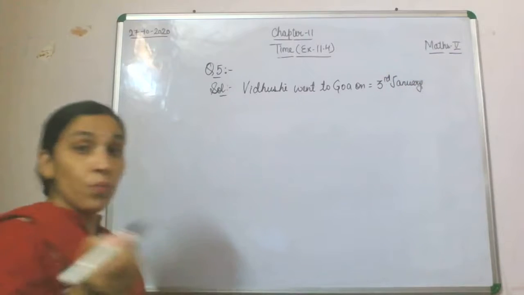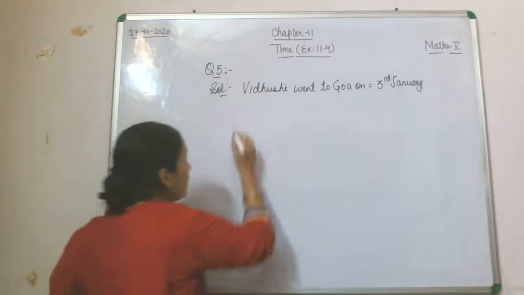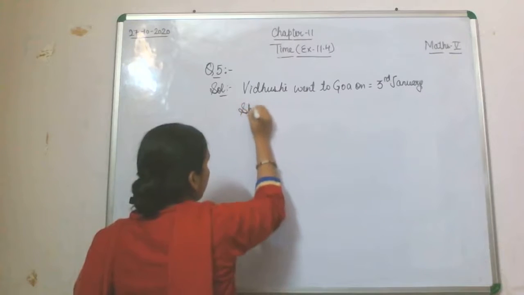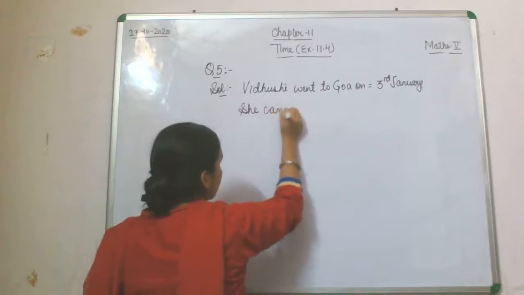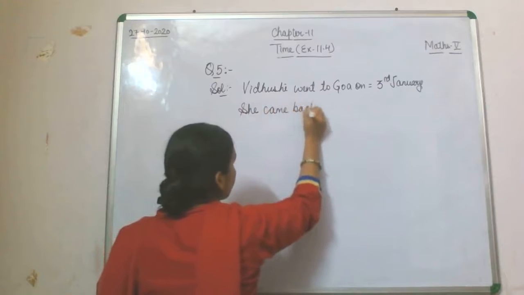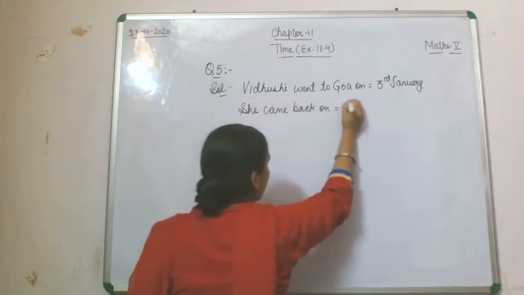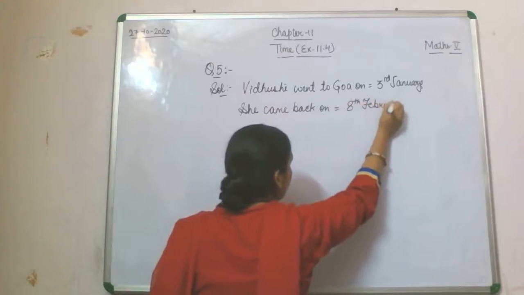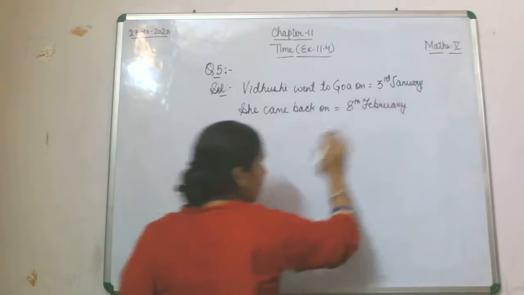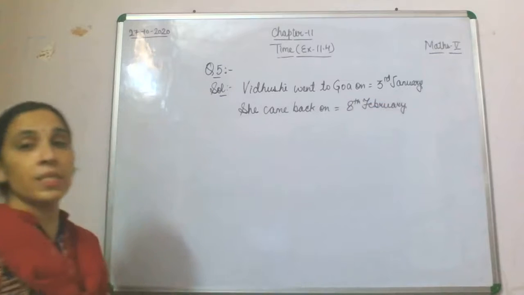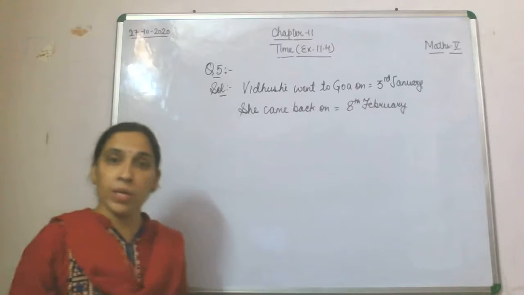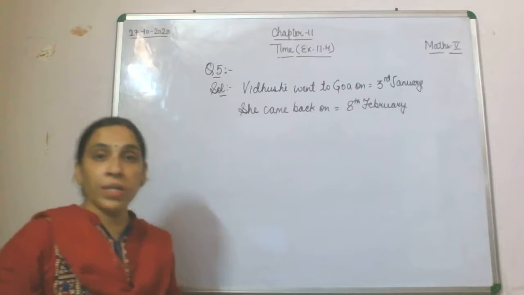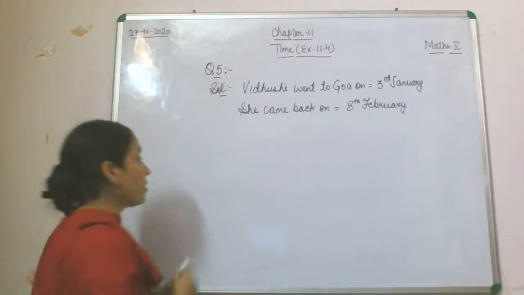Fine, and then she came back on 8th of February. Now here children, if you want to write all these things in the question, fine. If you want to write it, write it. If you will not write it, you can start your answer straight away from here.